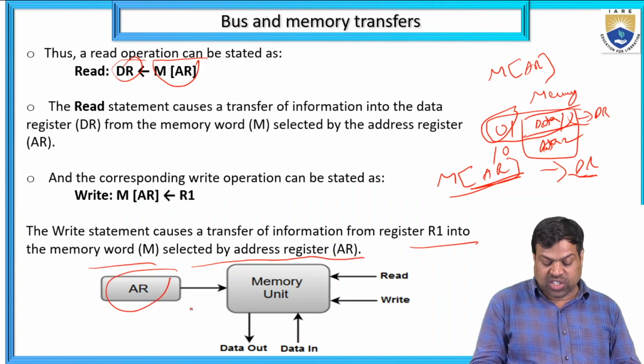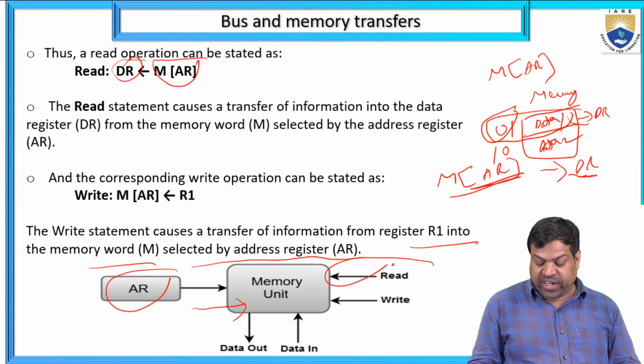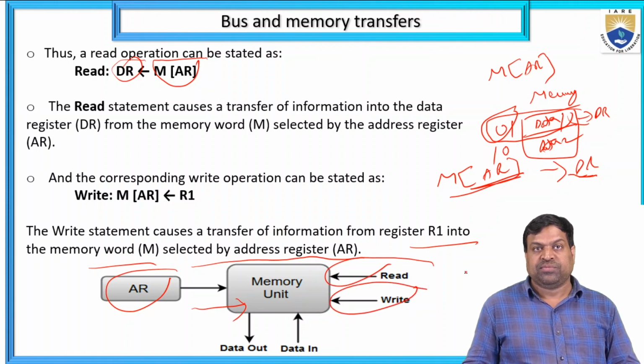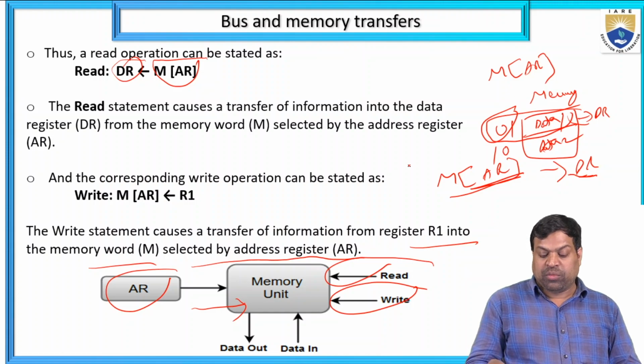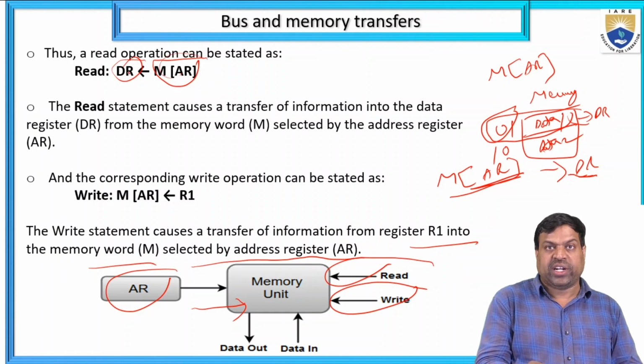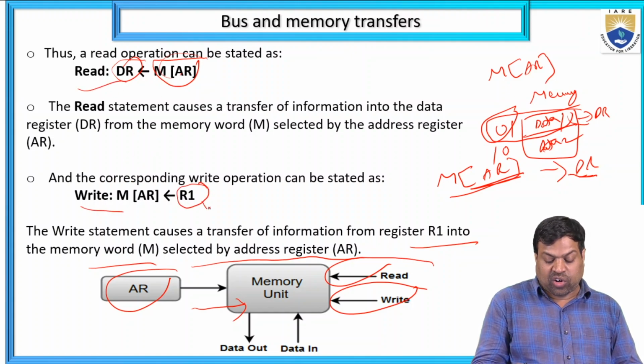So between the address register and the memory unit there is a read and write operation, with data out and data in. For a read, the data at the particular address is copied to DR. When I go for a write, what is the data in R1, and what is the address? This register's data is copied to that particular address, M[AR].